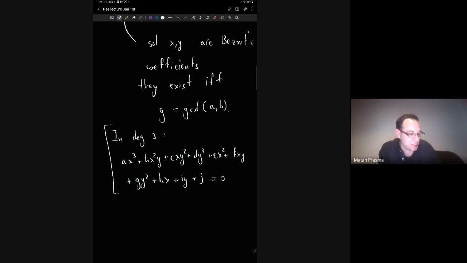He did have some insights, but it was apparent to him and to later mathematicians like Euler and Hilbert that you actually need theory to deal with this case.